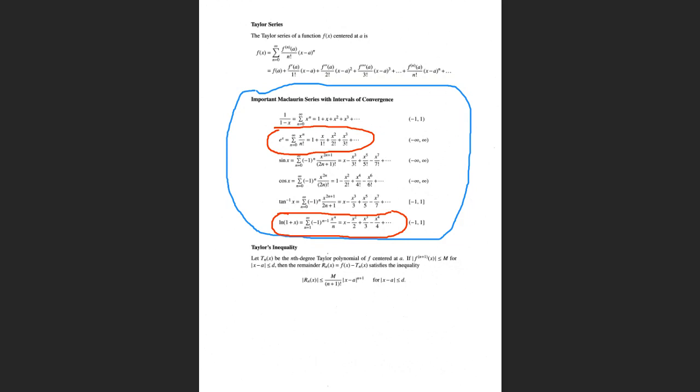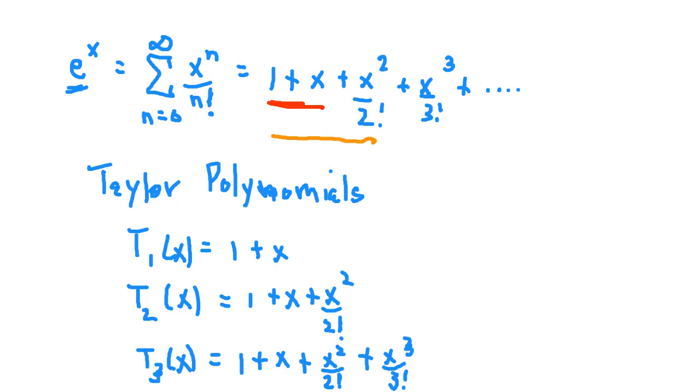So let me go to the whiteboard here, and let's see how we can make use of those Maclaurin series. All right, so e to the x is equal to this series.